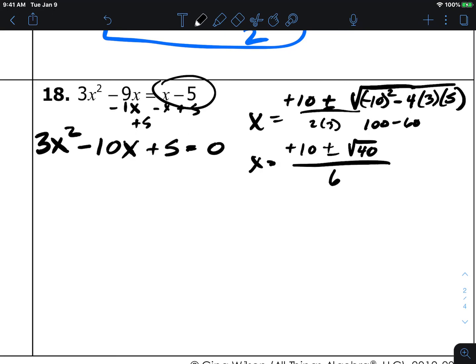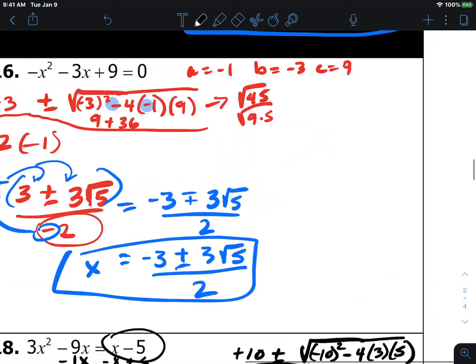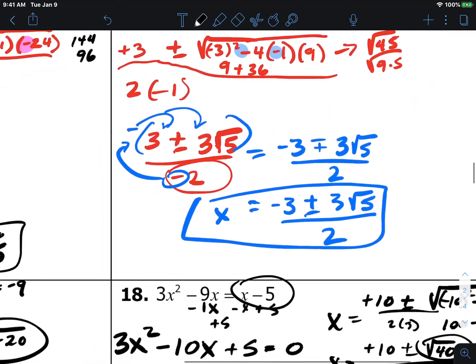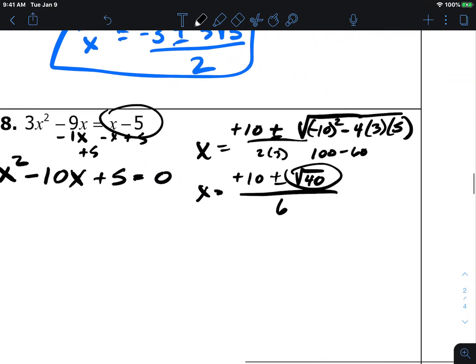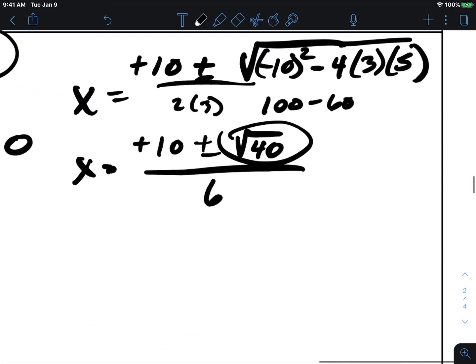Okay. Good answer? Done? No. Who do we have to deal with? 40, right? Well, how are we going to deal with 40? Didn't we see 40 earlier? No, we didn't. Okay, so 40. Let's say 5 times 8.